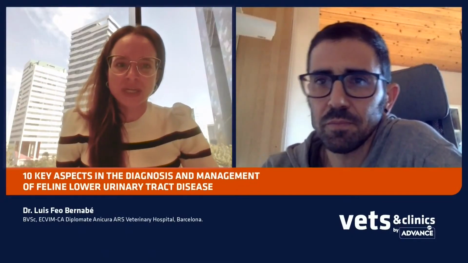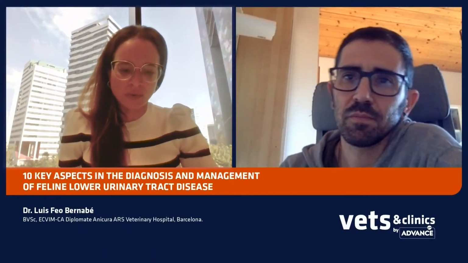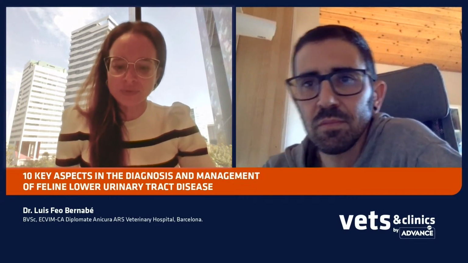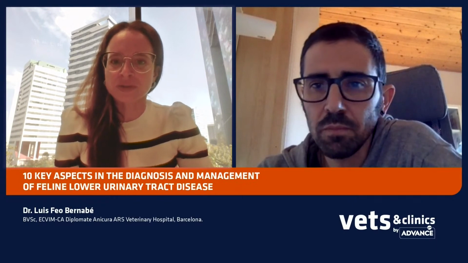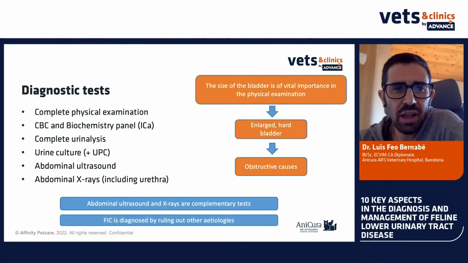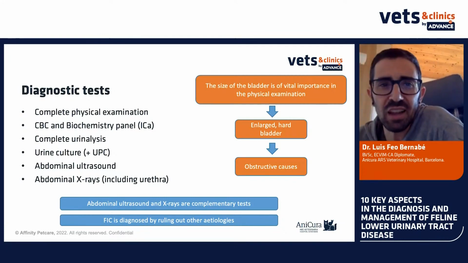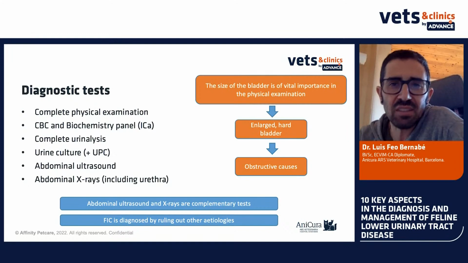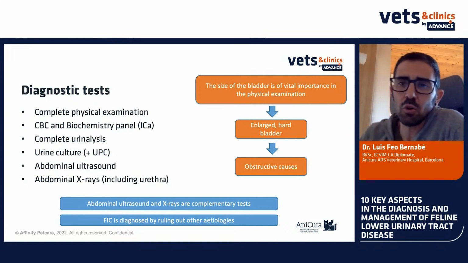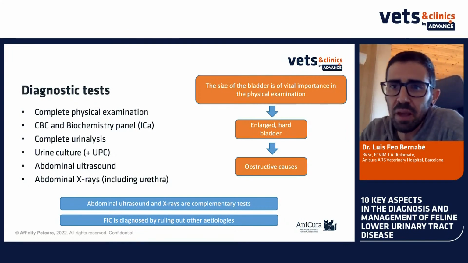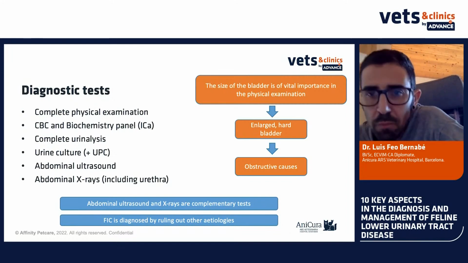Let's move now to which diagnostic tests we have to use to see which is the main disease for these patients. Can you explain more or less which are the main ones? So I think one of the big diagnostic tests that you need to do is a complete physical examination. Even though it is not a test, it's really important. The size of the bladder is really important.